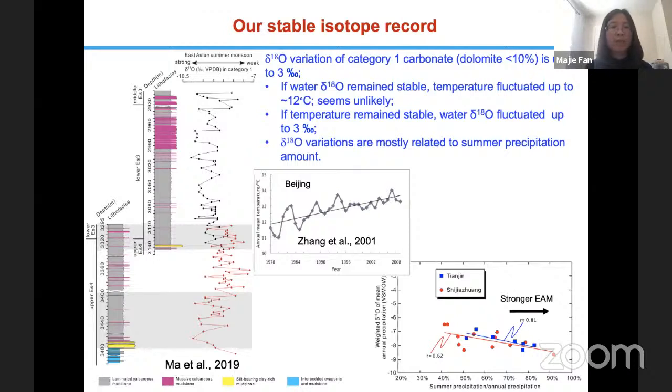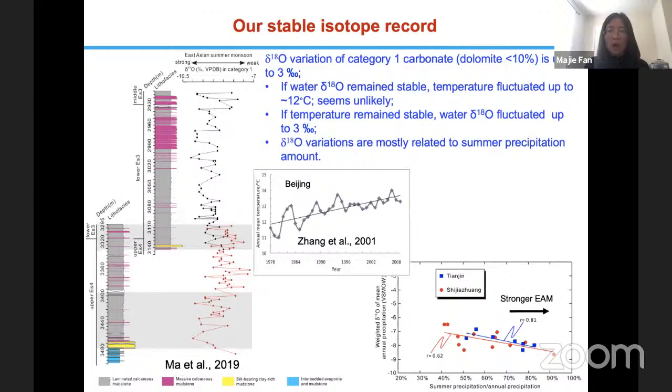So the other end member is, if we maintain the temperature stable, the water delta O18 value can fluctuate up to 3 per mil. But as I mentioned, because temperature variation should be small, most of these variations were attributed to the change of the delta O18 value of the lake water.